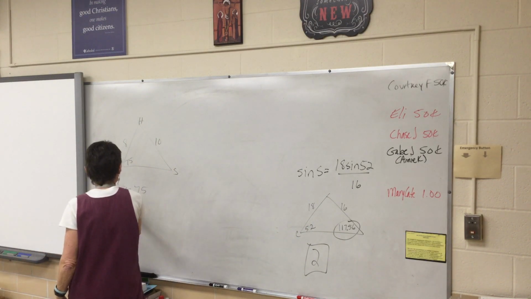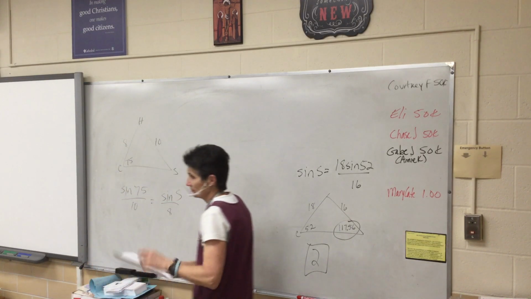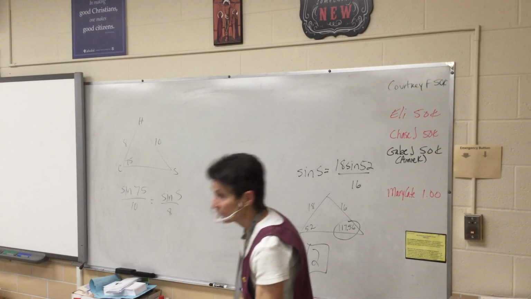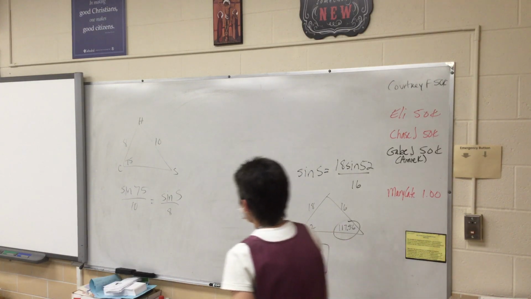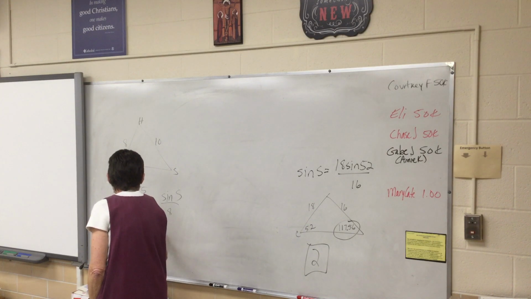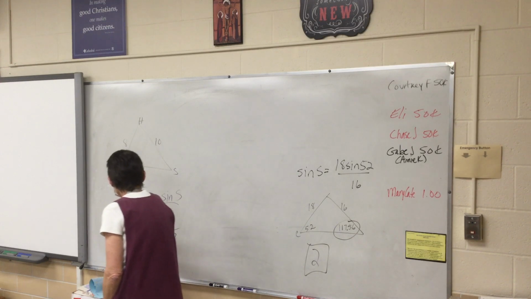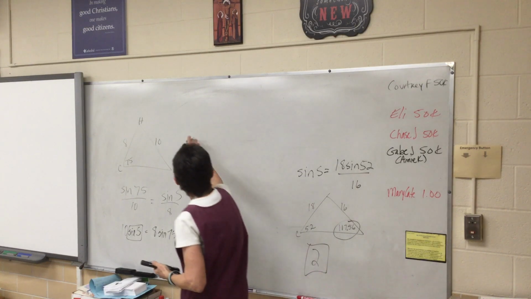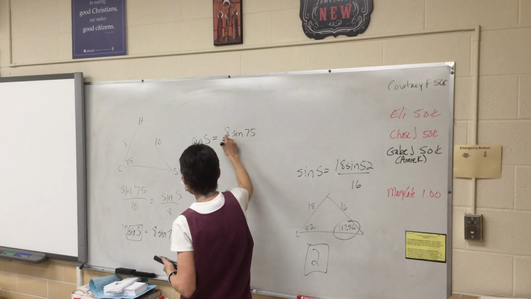Sine 75 over 10 equals sine S over 8. Okay, so 10 sine S equals 8 sine 75. So sine S equals 8 sine 75 over 10.